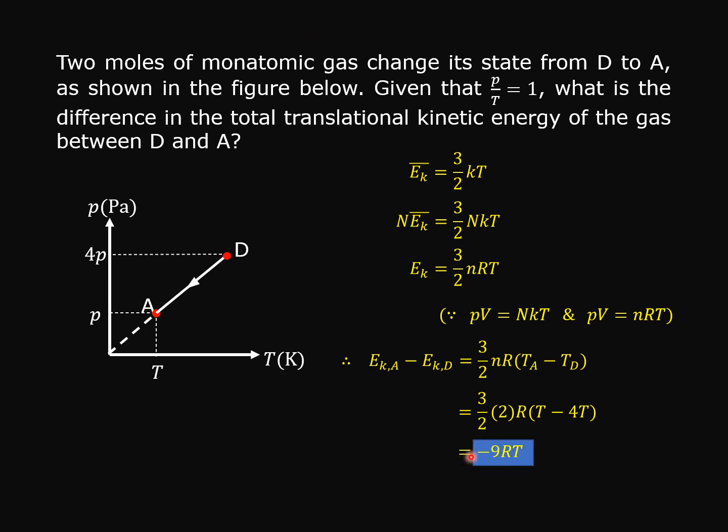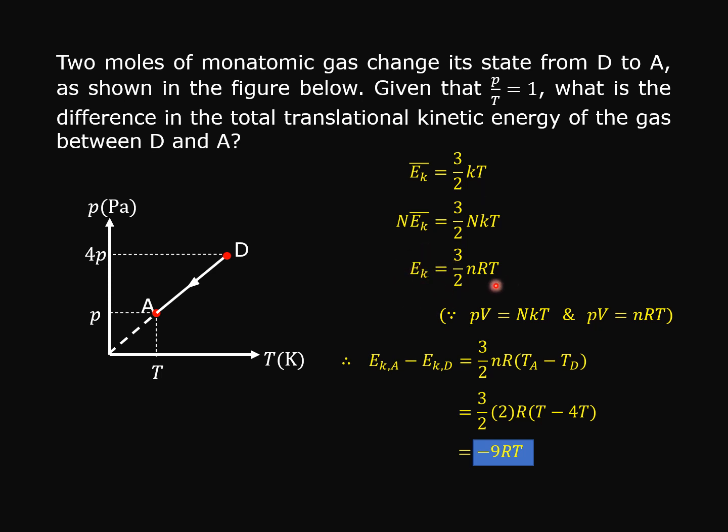But we need to know the meaning of the negative sign in the answer that we obtained. When the state changes from D to A, the negative sign indicates that the total translational kinetic energy is reducing. Why is there a negative sign here? It is simply because, if you look at the formula for the average translational kinetic energy of the gas, this kinetic energy depends on the temperature T. The same thing happens for the total translational kinetic energy.